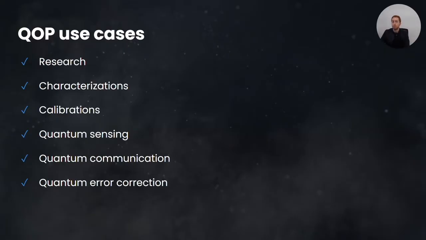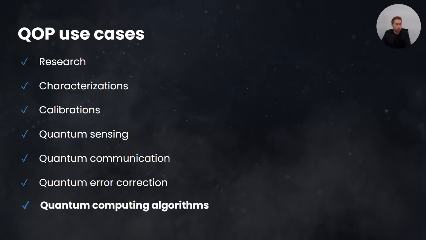Okay, so the QOP, or Quantum Orchestration Platform, as I mentioned earlier, allows users to do research, characterization, calibrations, quantum sensing and communications, and recently we've even demonstrated quantum error correction algorithms. And now we implemented quantum computing algorithms, which is very nice.